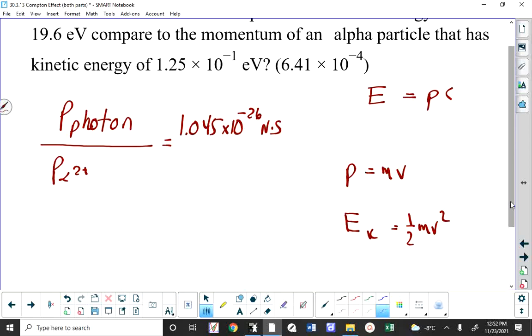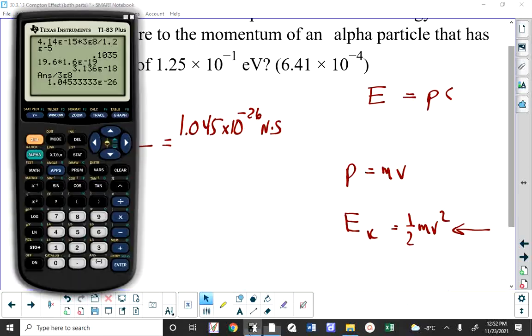However, again, this formula right here only works with standard units. So the energy of the alpha particle is 0.125 eV. We have to do the same conversion, convert it into joules so we can work with it.